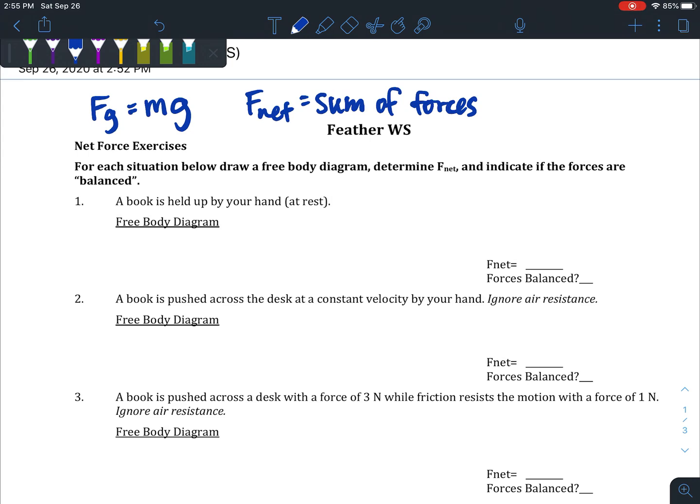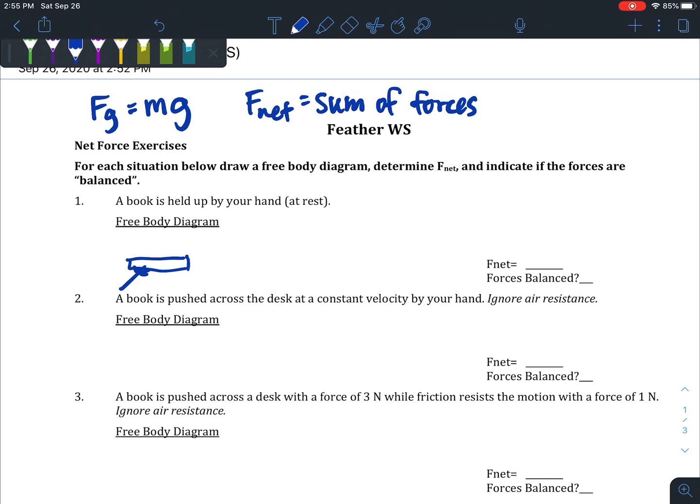Okay, so if we look at number one, the first thing we need to do is draw a free body diagram. You can represent the object as a dot, or you can sketch it out, whatever makes more sense to you. I'm going to sketch a hand holding up a book.